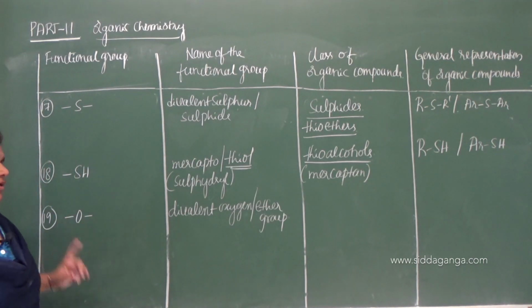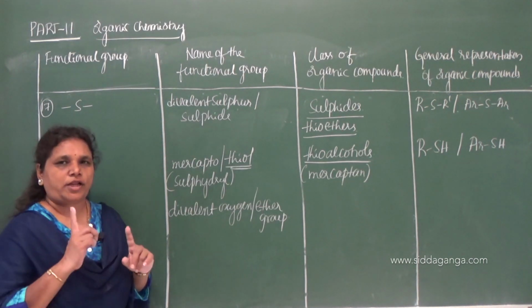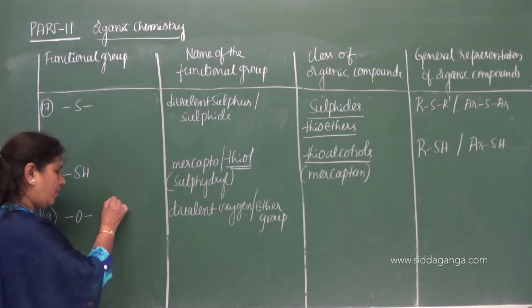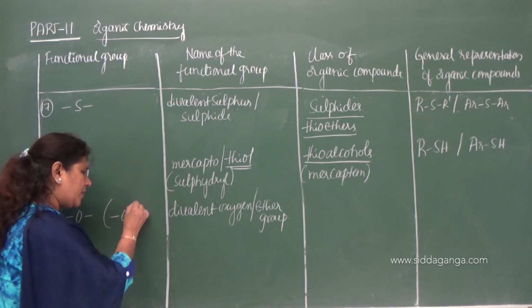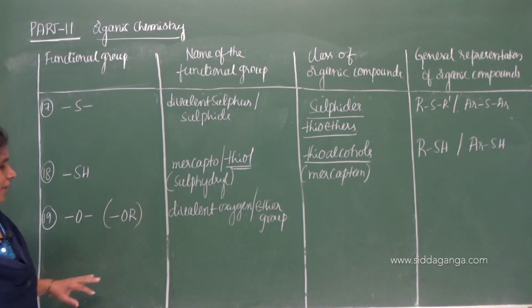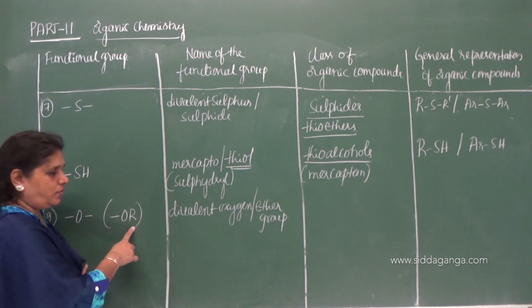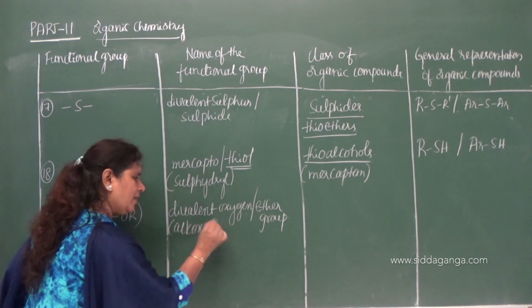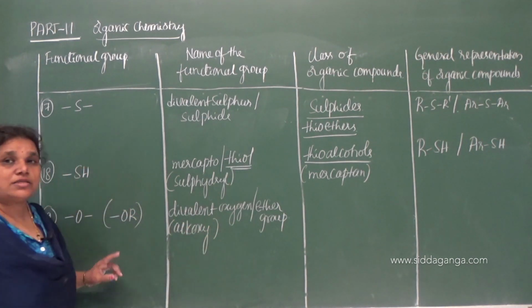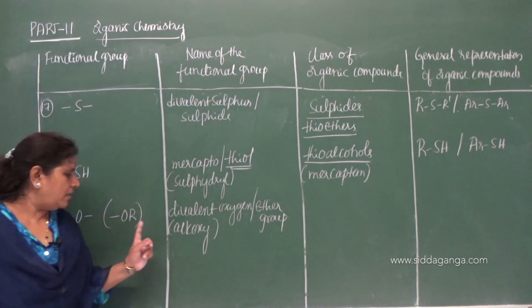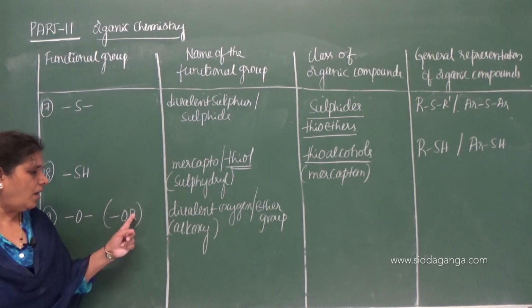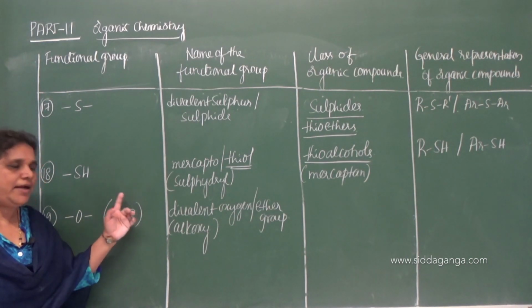And this oxygen is always with one alkyl group. Therefore, it is also represented as OR. If you represent the functional group as OR, then you have to name it as alkoxy. What is the name? Alkoxy. Alkoxy means the alkyl group along with the oxygen.